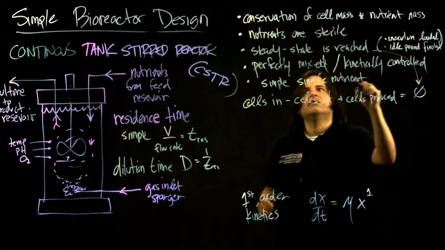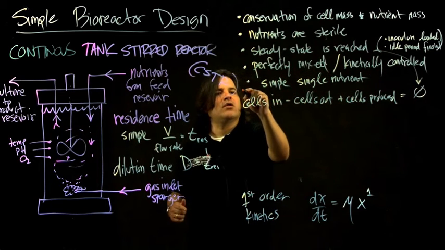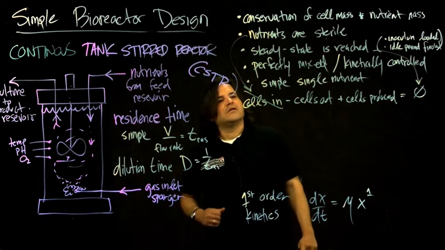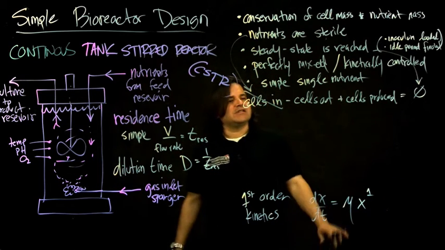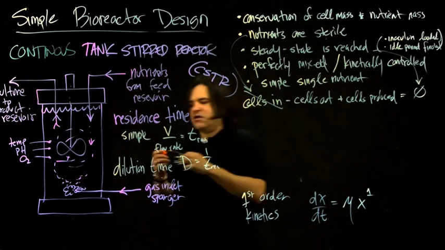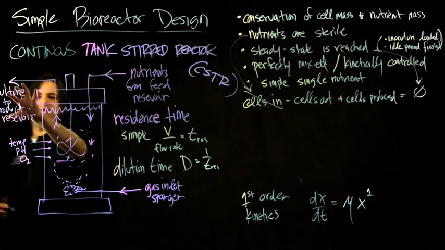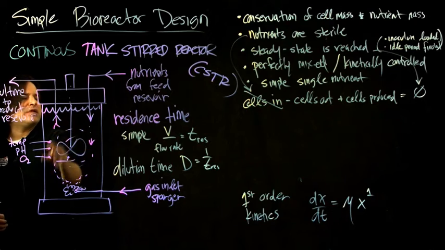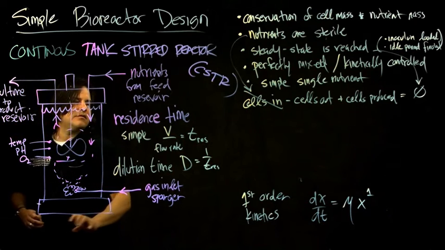If the nutrient is sterile, then there's no cells in. So that simplifies this analysis. What you're saying is the cells coming out balance what gets produced, what replicates inside of this reactor.